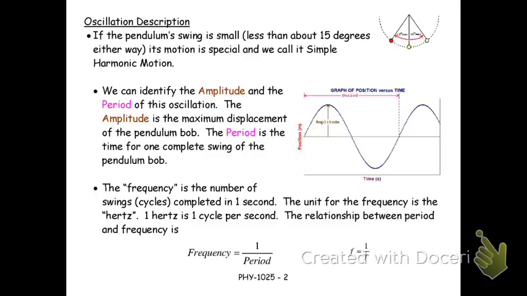If I want to study oscillators, I will plot the position of the pendulum bob or the position of the mass in time. So I do a graph. And I get a graph which looks like this. And for small oscillations, I get a sine curve.